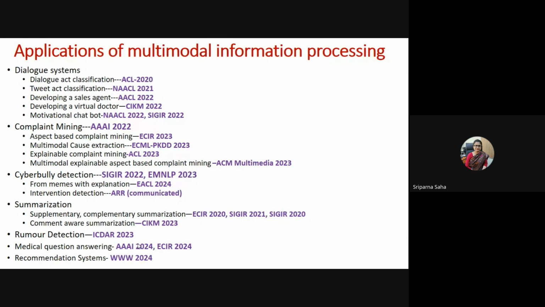So this is multimodal information processing. I will discuss a few of these tasks that my lab is doing, where we are applying multimodal information processing for solving tasks in healthcare and natural language processing.